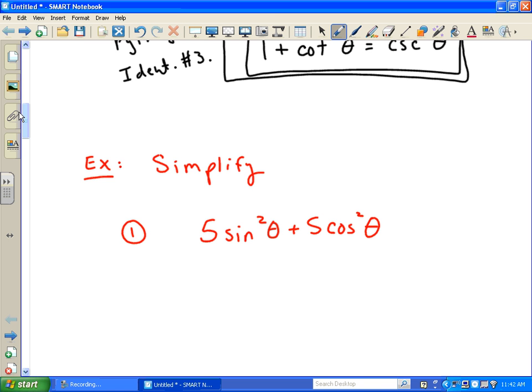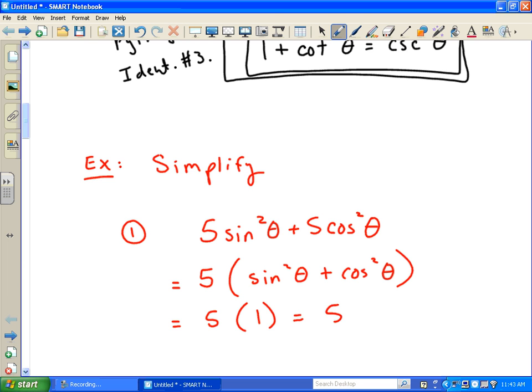Because both of these two terms have a 5 in common, we can factor a 5 out. And so we have 5 times sine squared theta plus cosine squared theta. From up above, one of our identities says that if you have sine squared of theta plus cosine squared of theta, that whole thing is equal to 1. And so I have 5 times 1, and so the answer here would reduce to 5.